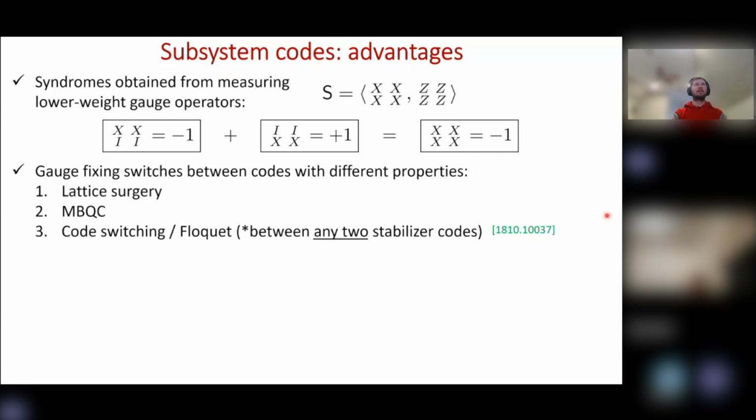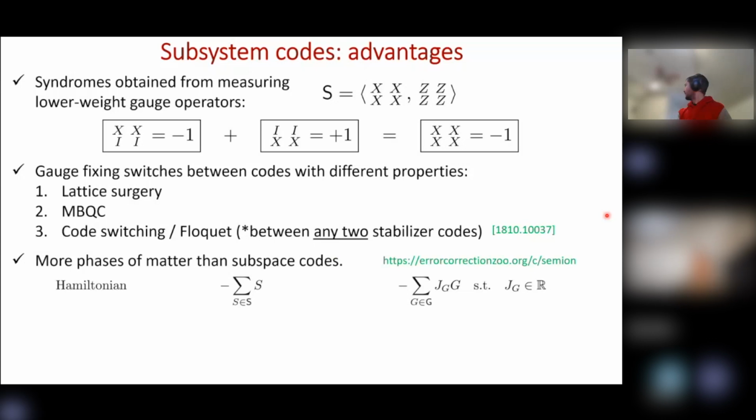This picture actually allows you to interpret and collect many different procedures that are dynamical procedures, including lattice surgery, measurement-based quantum computation, and code switching. And this is discussed in detail in the Boulder lecture that I mentioned at the beginning, all the way in the beginning of my lecture.